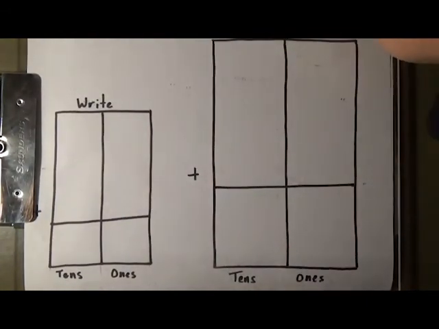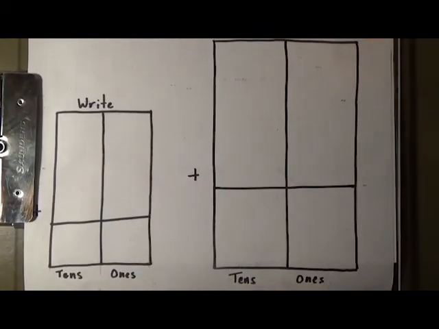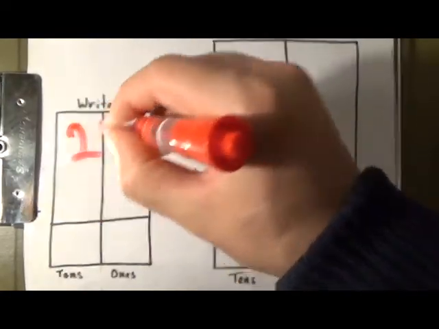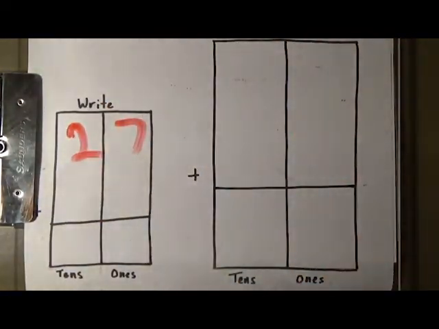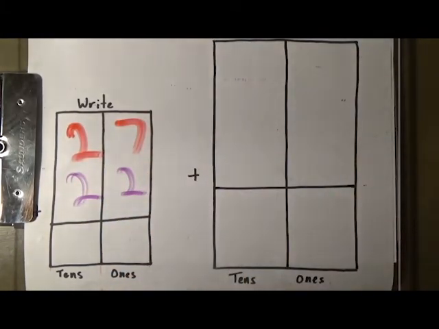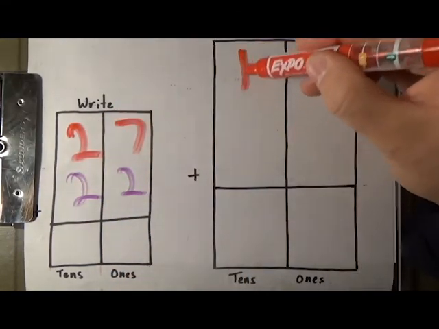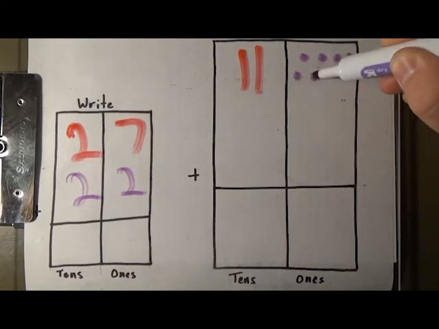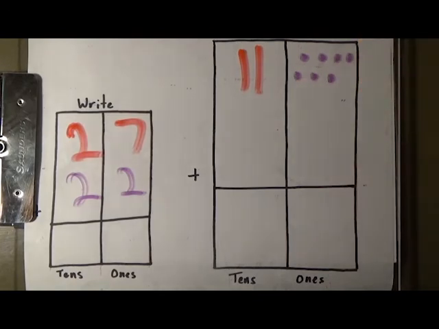Okay. Next, we have 27 plus 22. Okay, so we have 2 tens and 7 ones in 27.